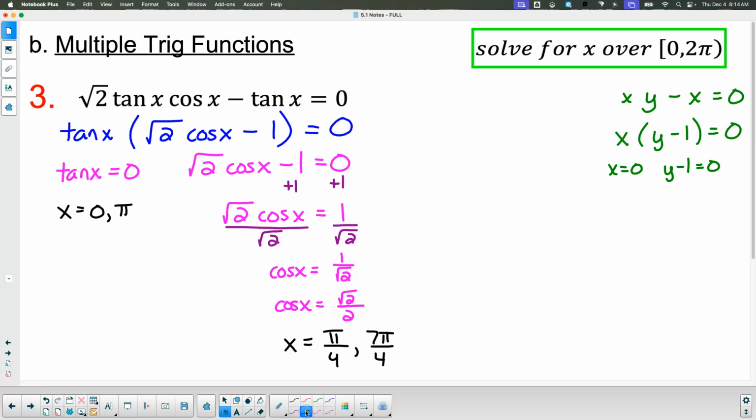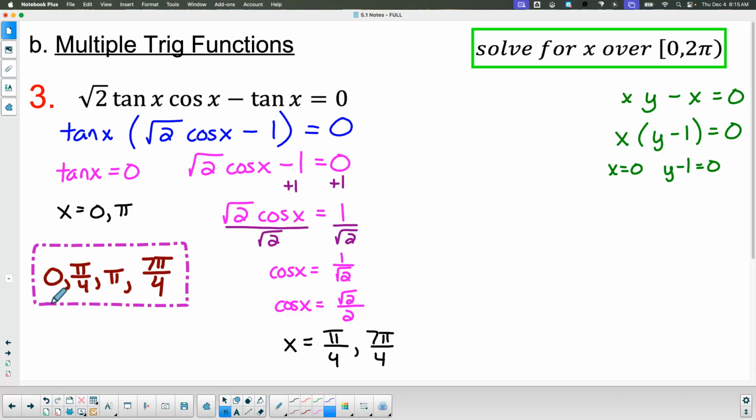So ideally, we would give those answers then in going around the circle order. Okay, so in numerical order. So for me, ideally, this would be answers of 0, pi over 4, pi, and 7 pi over 4. That would be how we would ideally want our answers written, just to make it a little easier on Schmelling.